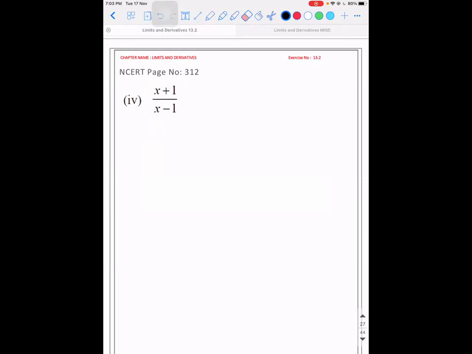So this one is a basic thing that they're asking us to find the derivative of this using the first principle. Let's do it.